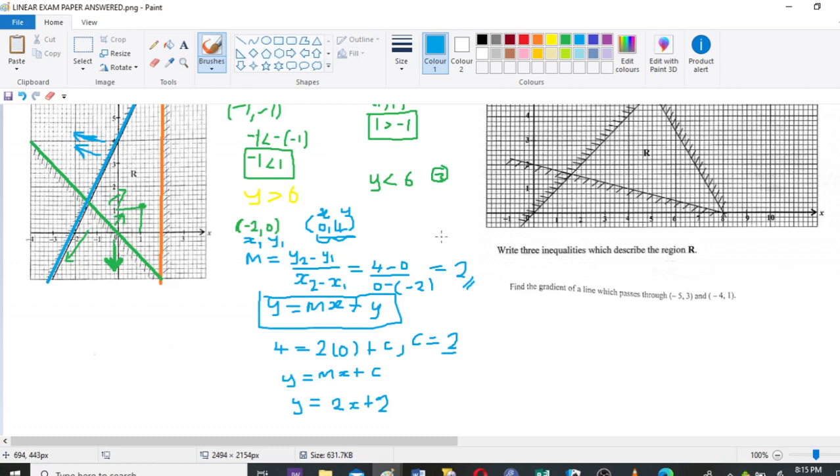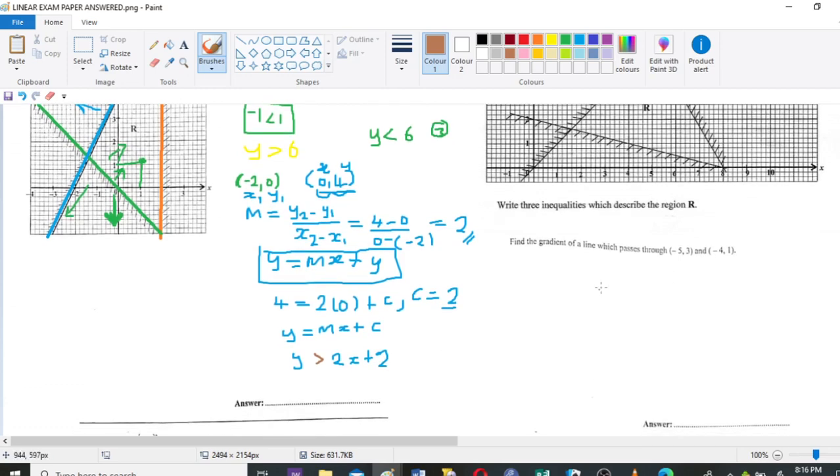So sorry, here let me just write what is supposed to be there. We are saying the shaded part is being described by the inequality y is greater than 2x plus 4. Now the inequality describing the unshaded region will be the opposite of what we have, which will be y less than 2x plus 2.